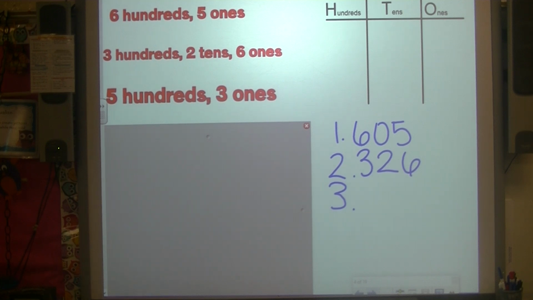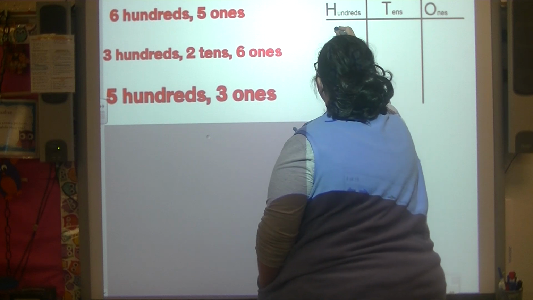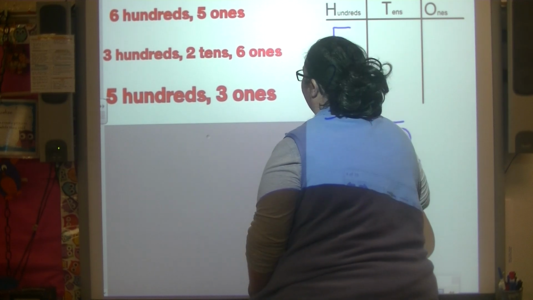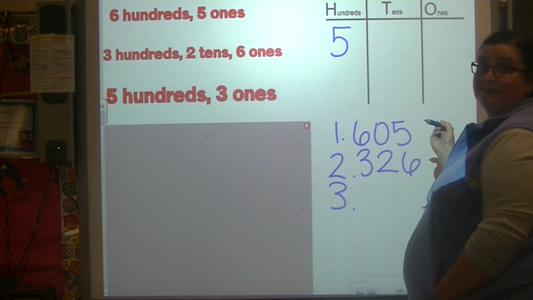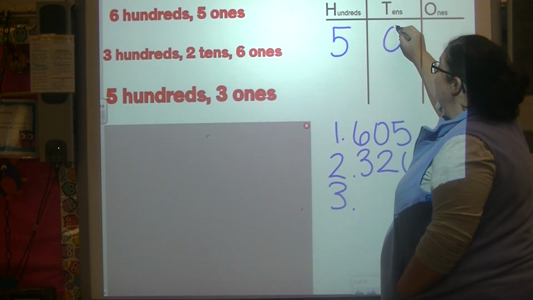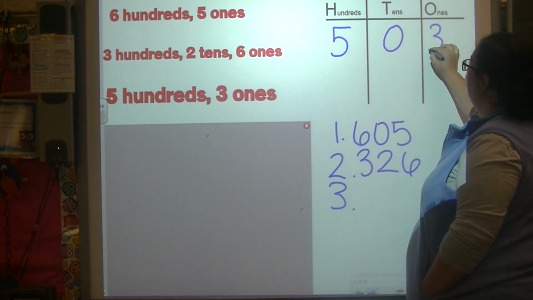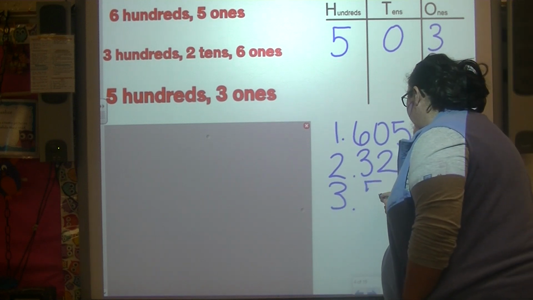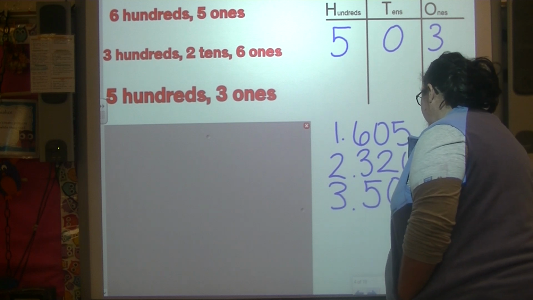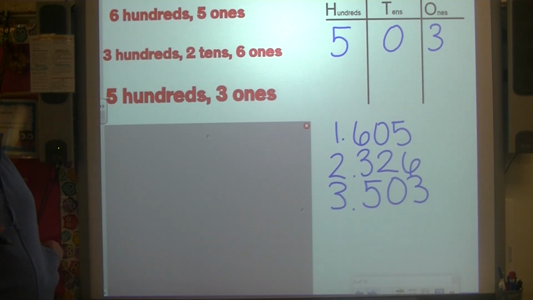What number should we have in the hundreds place? 5. In the tens place, there is not a tens number, so what do we put in its place? 0. What do we put in the ones place? 3. What's our number? 503. Thumbs up if you got it. Very good.